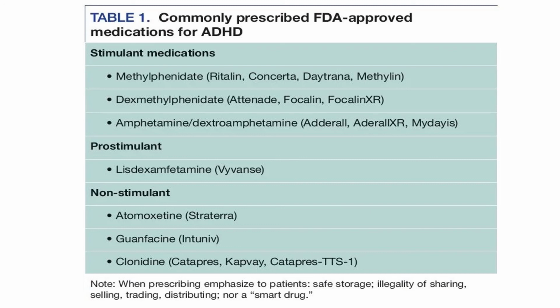And lastly, there's an old drug called clonidine, which is a medication that affects a part of the sympathetic nervous system. We've really gone away from it, but it was definitely one of the first medications used for ADHD, and it was also used for high blood pressure.